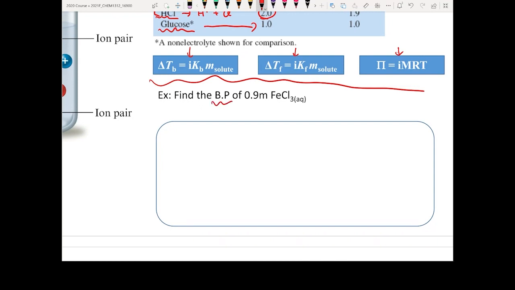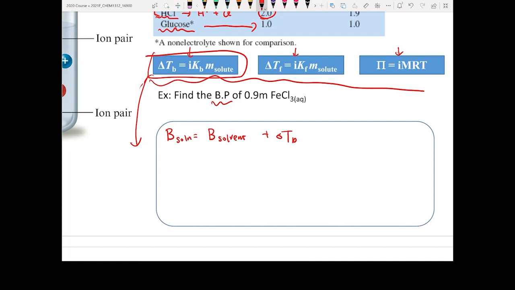So for the boiling point, this will be the go-to equation: delta TB equals I times K times N. And then there's another one you need to know: the boiling point of your solution is going to equal the boiling point of your solvent, plus or minus your delta TB? Plus, right? Plus your delta TB.